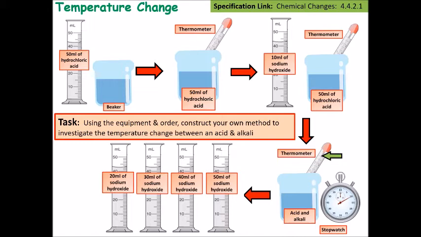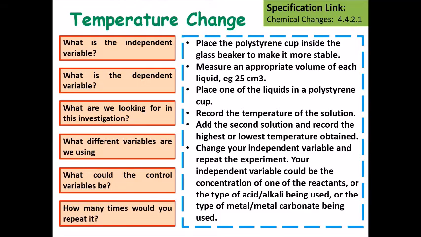Once you've run through the entire practical, you would preferably repeat it another 3 times so that you had 3 sets of results. When looking at this practical, we need to think, what is the independent variable? The independent variable is what we're changing, so we are changing the volume of sodium hydroxide. What is the dependent variable?